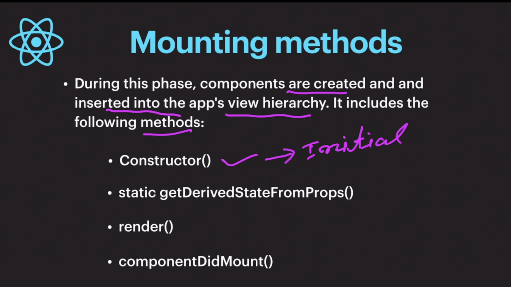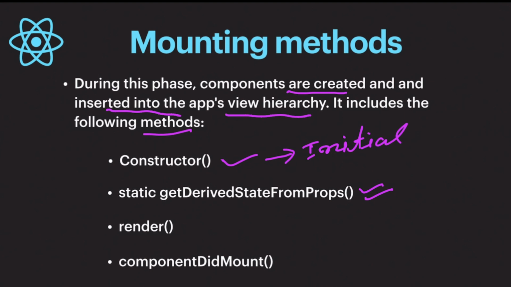When we want to change the state based on the props and compare the state with the props, we use this method. It is the comparison between the props and the state, where we want to change the state value based on the props.